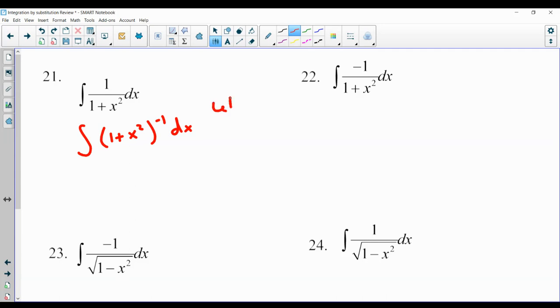If I let u be 1 plus x squared, do you see how we have a problem? We have a 2x. I'm off by a 2x. So if I try to make my replacement, it's not going to cancel. Do you see? I don't have an x out here to cancel.